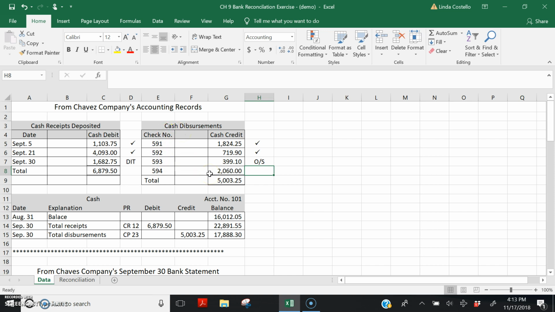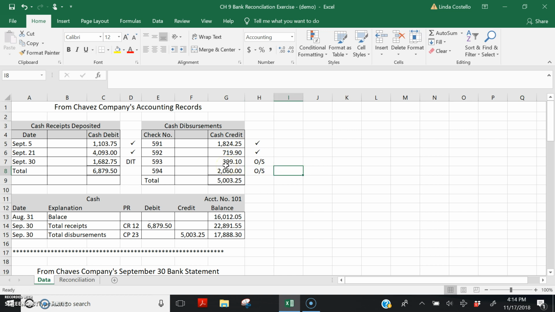However, there is a timing delay and the bank has not shown the check as paid in the month of September. So this is another outstanding check as of September 30th, and it is a reconciling item to be shown on our bank reconciliation. I'll put OS next to the amount.